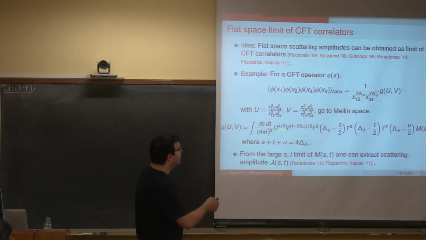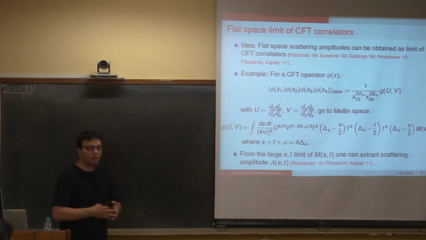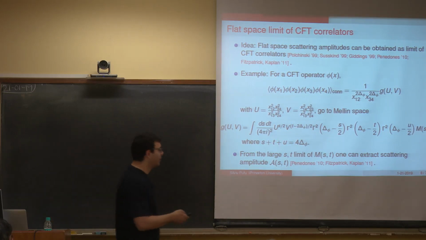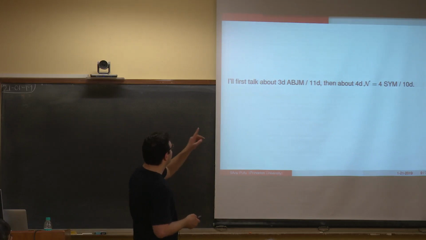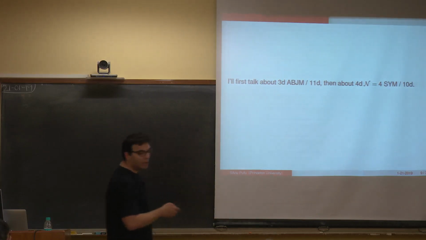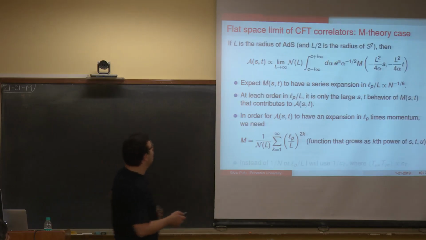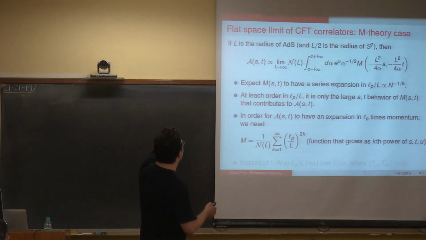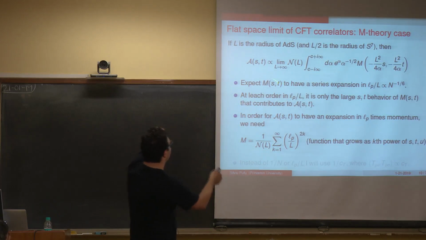These Mellin space variables are denoted by s, t and u because they're related to the Mandelstam invariants in flat space scattering. Let me first explain through the 3D, 11D case, and then I'll talk about 4D and 10D. So what is this relation?